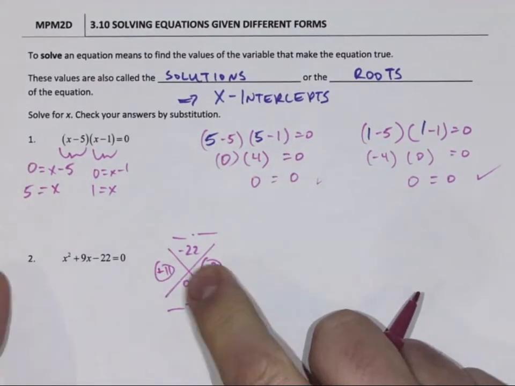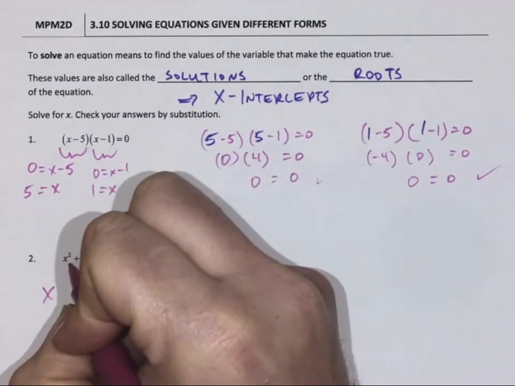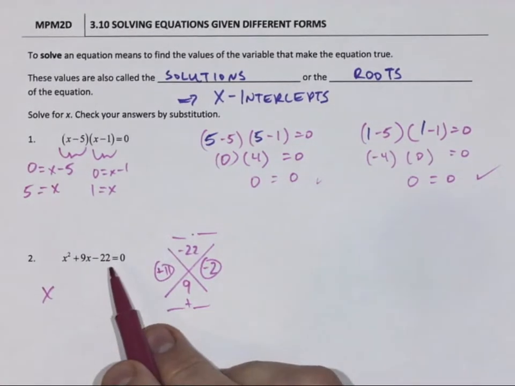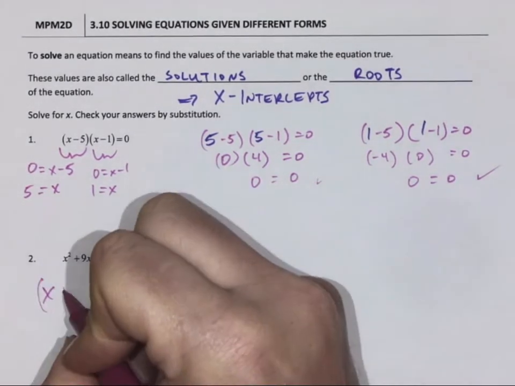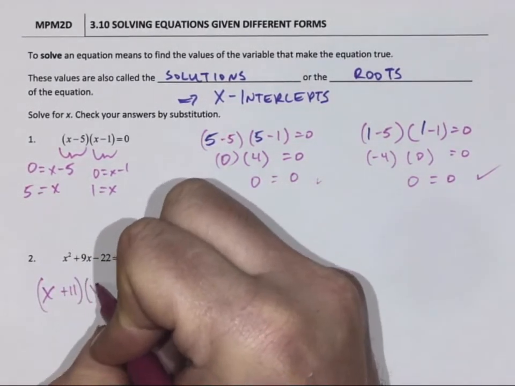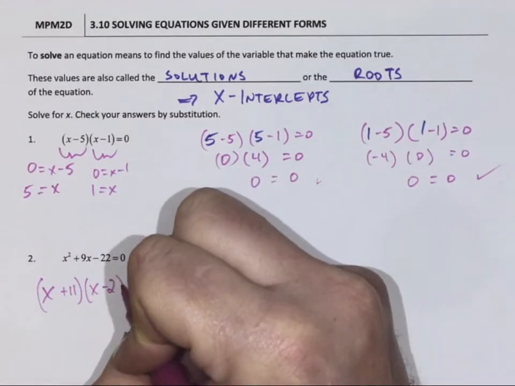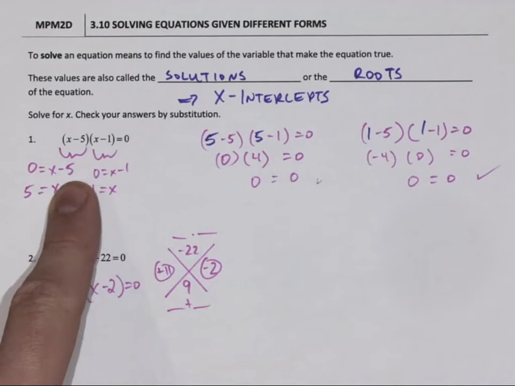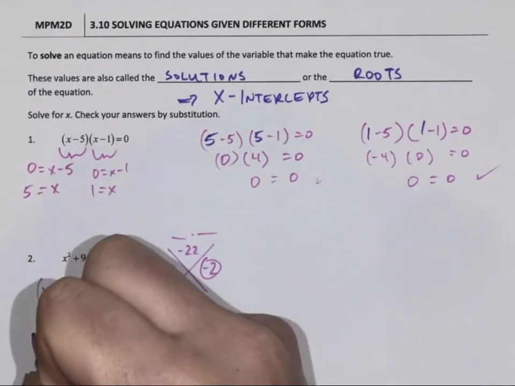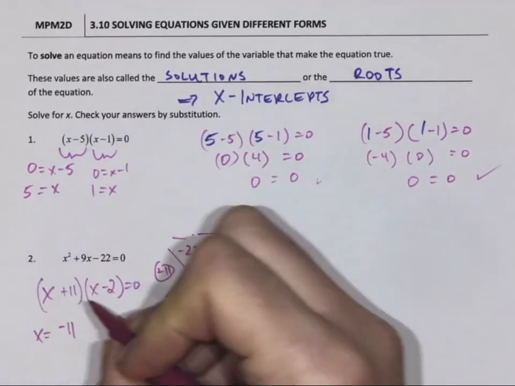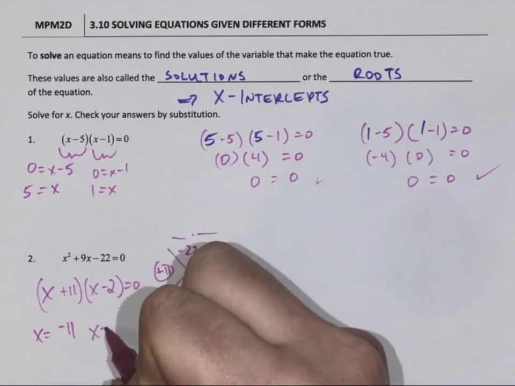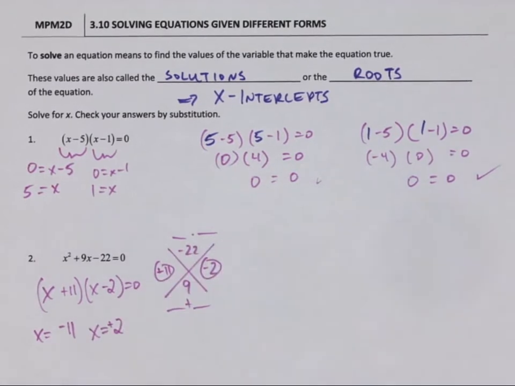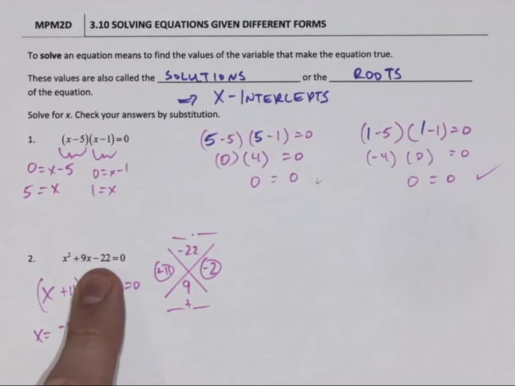These numbers go right into the brackets. So x squared plus 9x minus 22 factors into (x plus 11)(x minus 2). Now we have factored form, just like above. Our solutions are x equals negative 11 and x equals positive 2. So there are our solutions, or our x-intercepts, or our roots for this quadratic function.